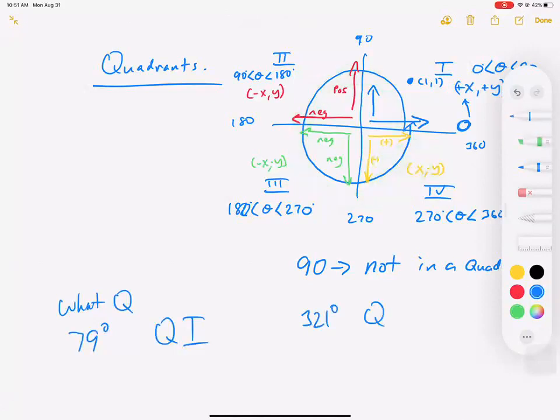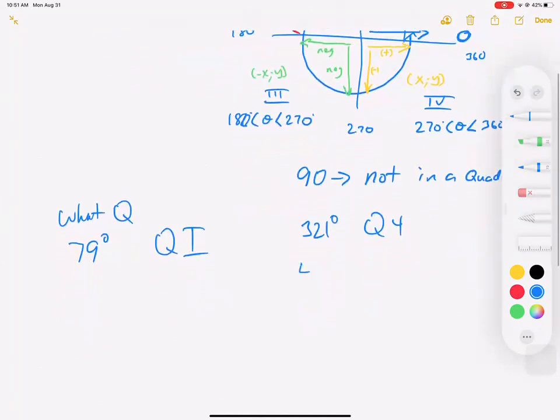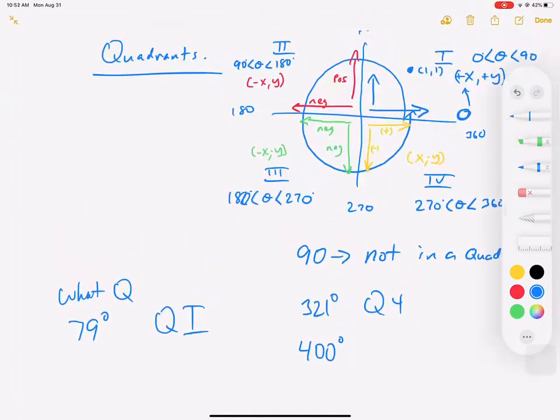This is quadrant 4. But like we talked about last time, about angles and radians, this could keep on going over and over again. So what about angle 400 degrees? 400 degrees, where would that go? We do 360.